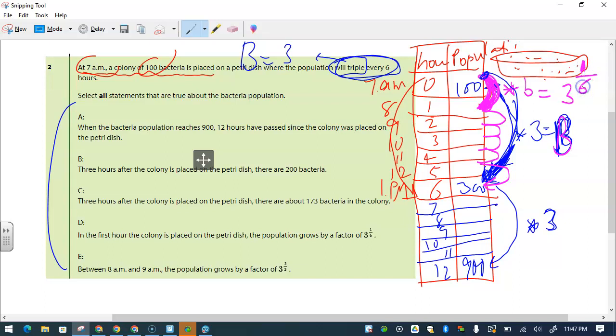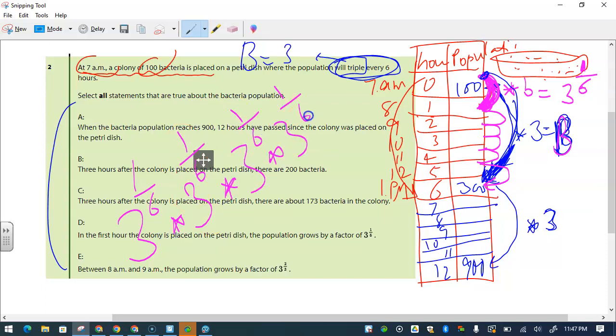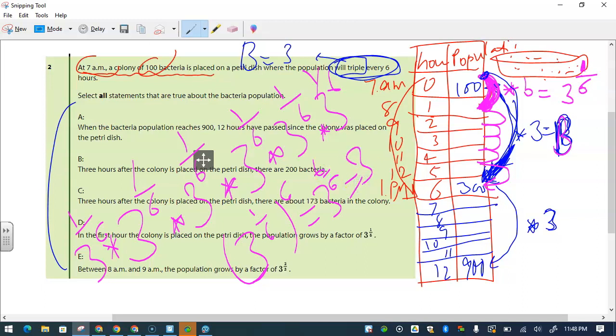Because when you multiply 3 raised to 1/6 how many times? 6 times. What you get is 3 raised to 6/6, and you really get that 3, the uppercase B.